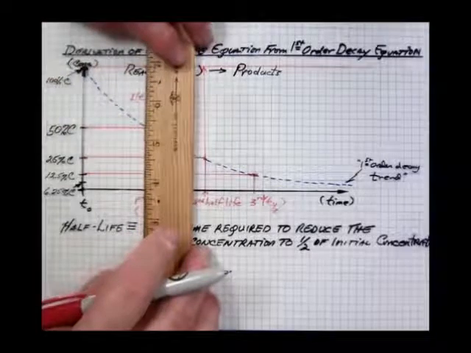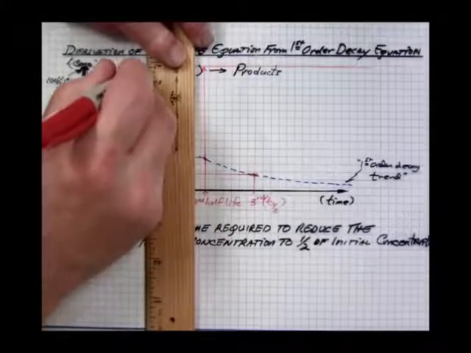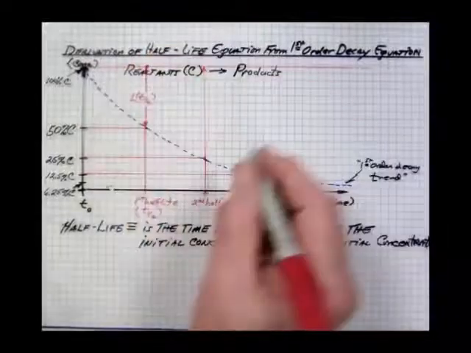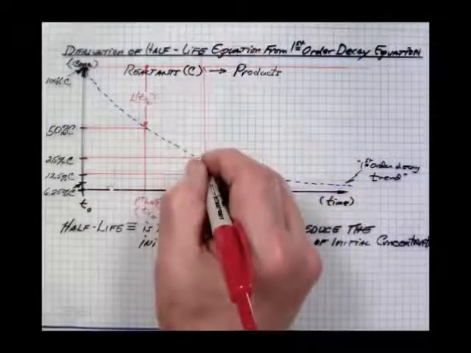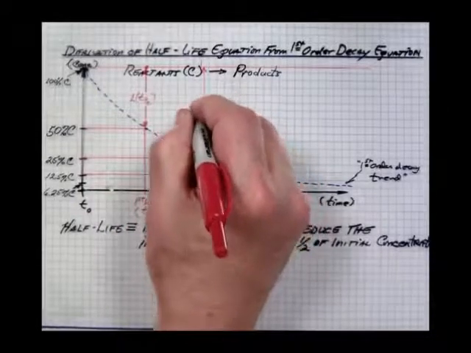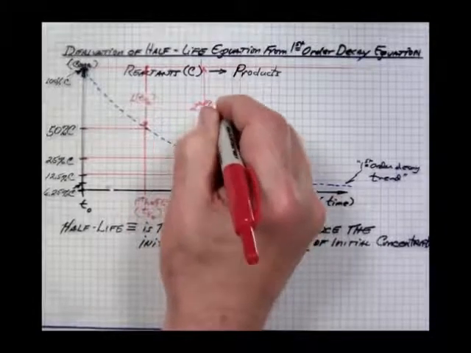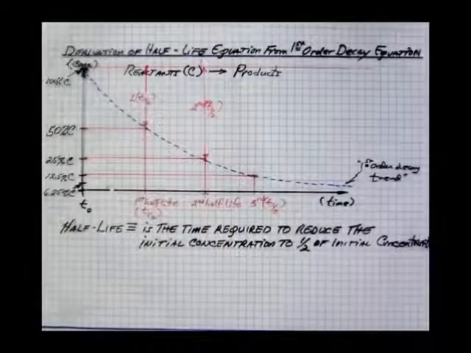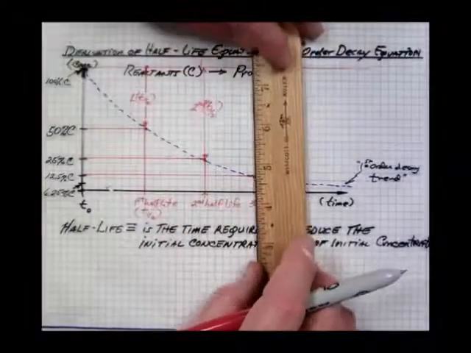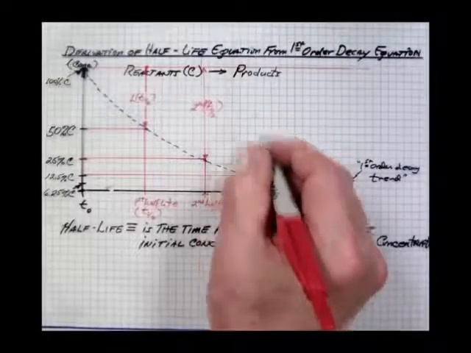I should have put in the line for us over here. That is your time for the first half-life. Well, this period of time from here to the 25% concentration is the second t 1/2, or 2 first half-lives. And to go to this position from here to here, this would take 3 half-lives.